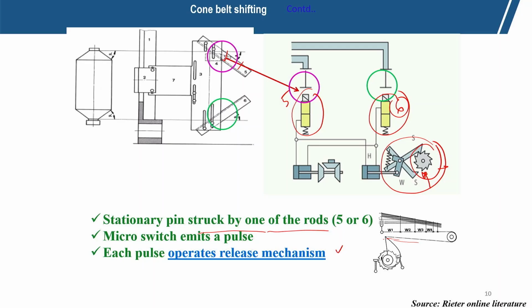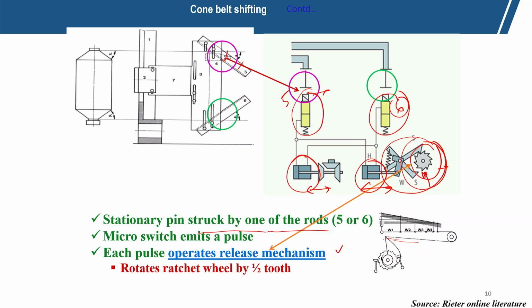The ratchet will be released by half a tooth, and that will allow the shifting. There are two double-acting cylinders, and depending on the pressure, the piston moves to and fro, and depending on that there will be a release arrangement.